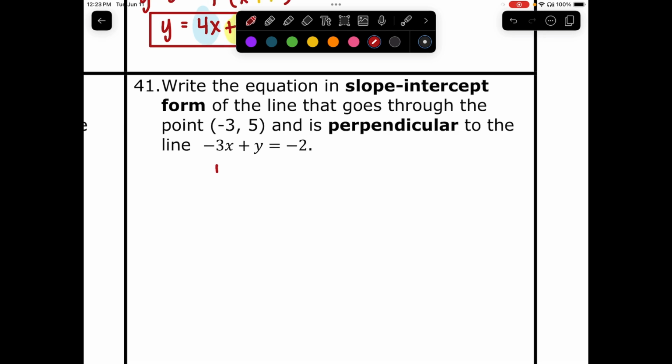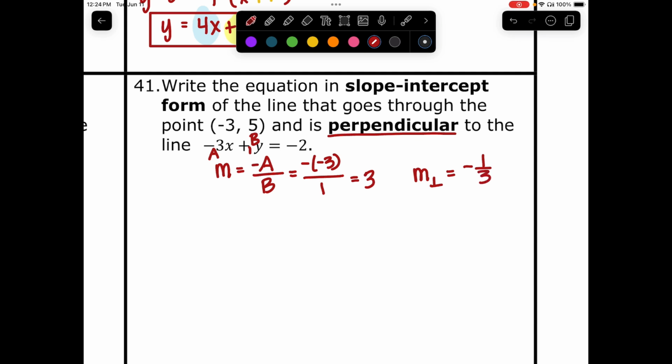If you want to, you can use the standard form slope finder because this equation is clearly in standard form. So that's going to give us negative 3 because that would be our A, that would be our B. It's a 1 over 1, and so that's going to give us positive 3 for the slope. However, we don't want the parallel slope. Don't want to make that same mistake twice. So we need the perpendicular slope, which would be negative 1/3. Flip it, change the sign.